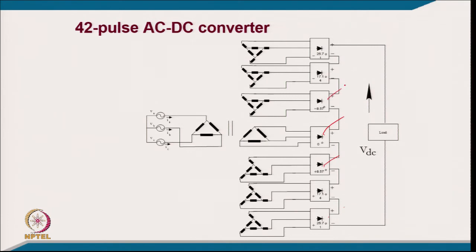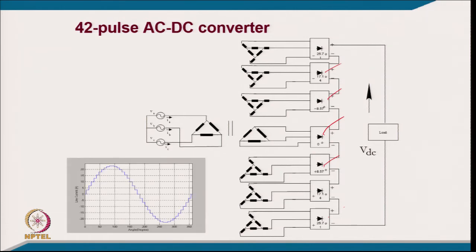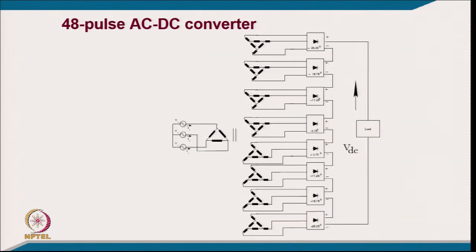Similarly, on the other side you have minus 8.57, minus 17.14, and minus 25.71. The lowest harmonics here will be 42 plus minus 1. So 41 and 43 will be the lowest harmonics, and your waveform will be closer to a sine wave of the input supply line current. The lowest will be 41, and that will be your fundamental current divided by 41. So you will find even less than 2.5% will be the dominant harmonics in that case.